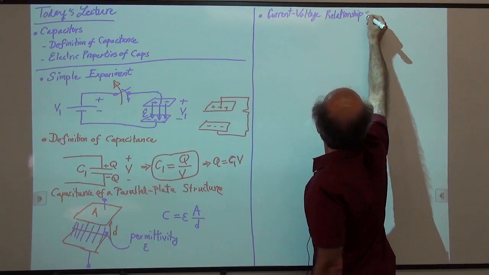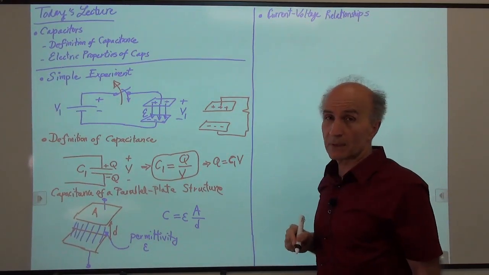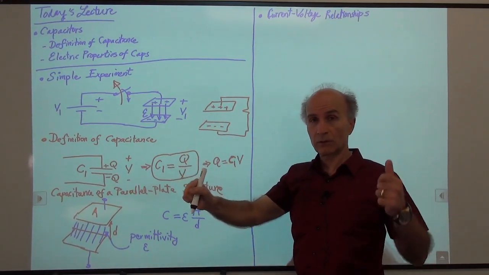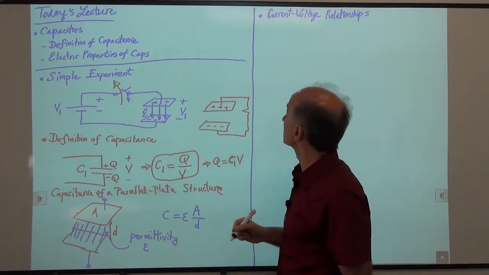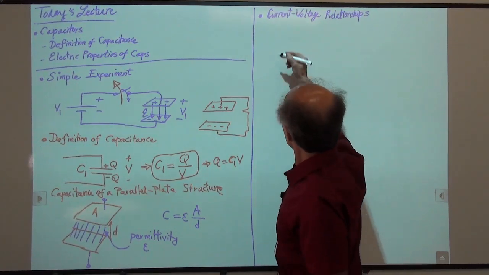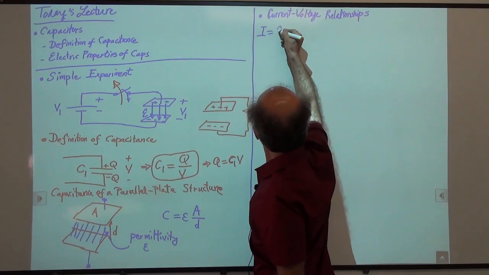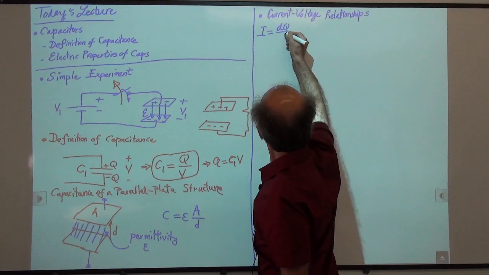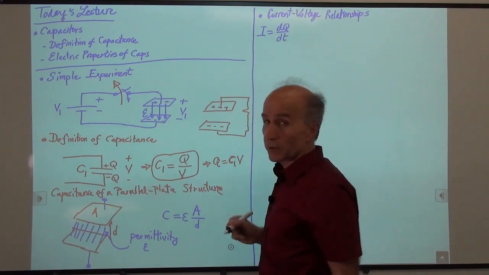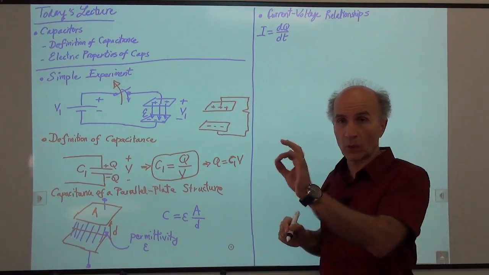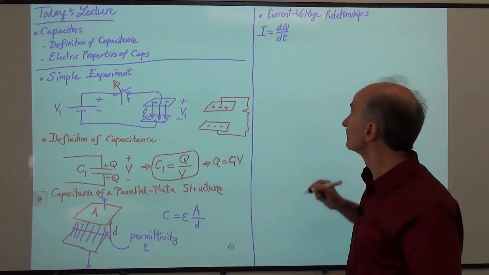So actually there are two of them, so we'll just say relationships, depending on whether we're going from current to voltage or from voltage to current. All right, well, remember the definition of current from the first lecture. We said that current is the rate at which charge is passing through a wire or through a device.